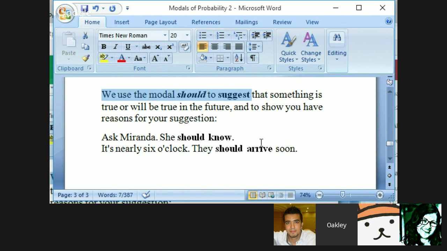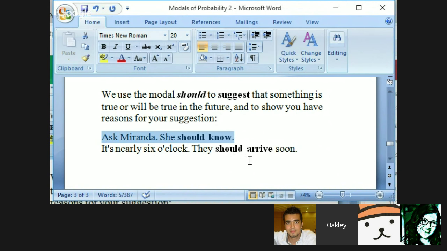It's possible in the future. It's more when you use it in the present. He should be here by now. We're really showing obligation. All right. Well, this is present tense, really. Ask Miranda. She should know.